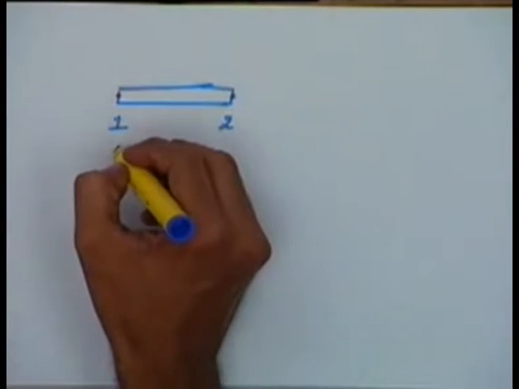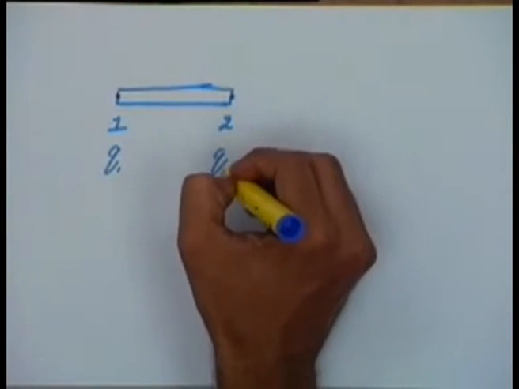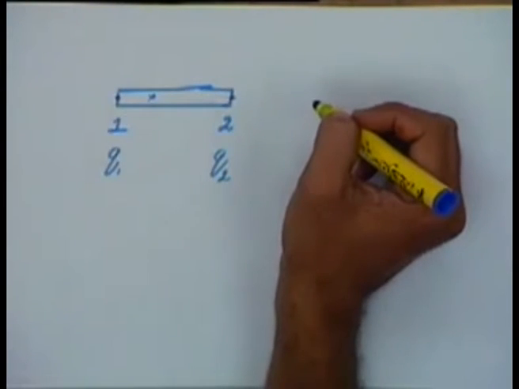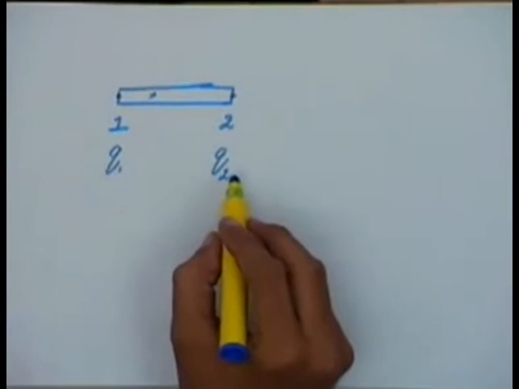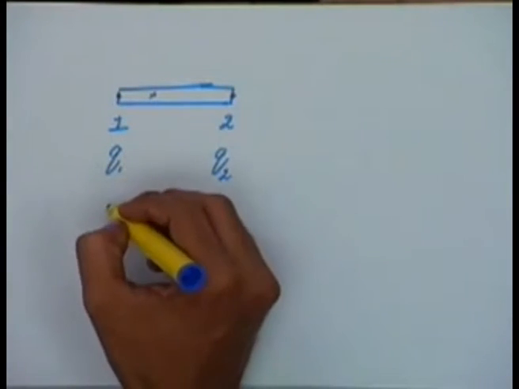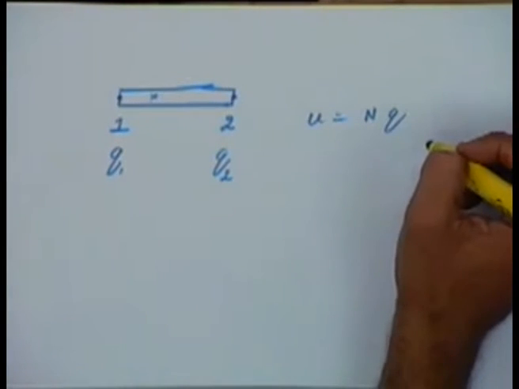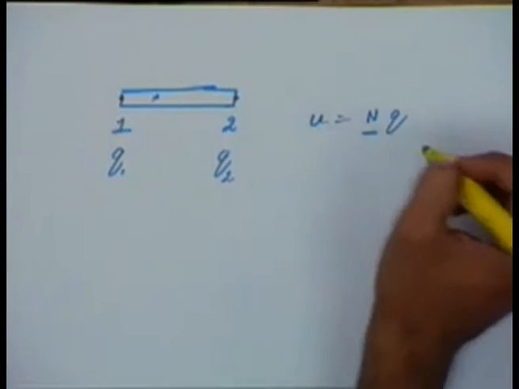If we specify the displacements at these two, q1 and q2, we will find out the displacement at any arbitrary point by taking two shape functions N1 and N2. We say u will be equal to N times q, where N1 and N2 are two shape functions.